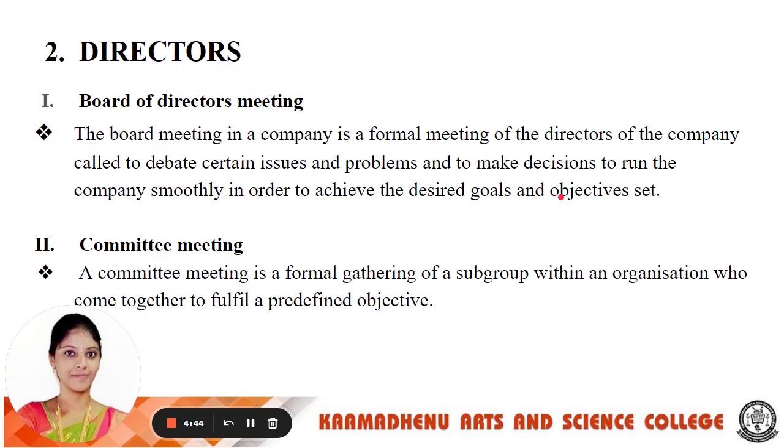The directors sit together and discuss certain matters of the business organization. That is called the board of directors meeting.